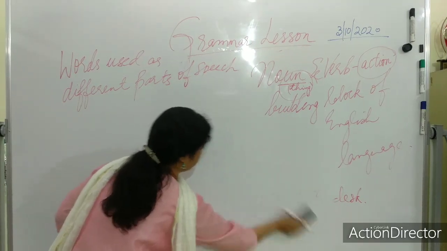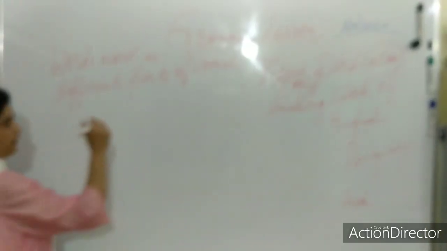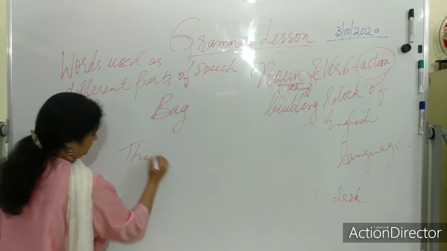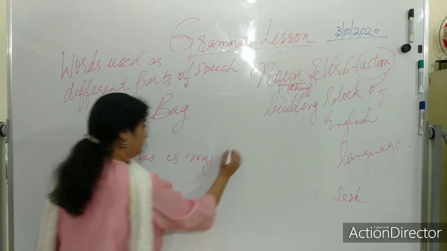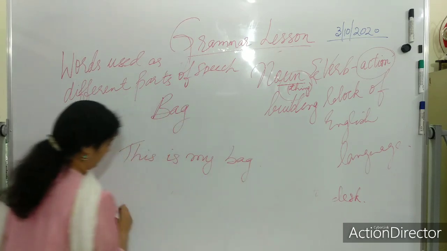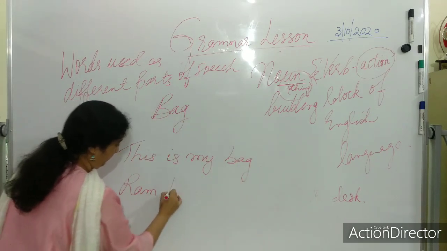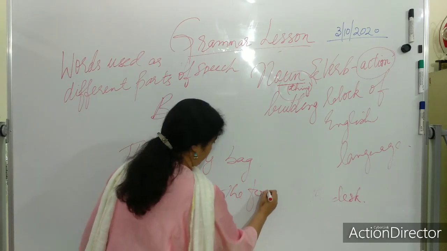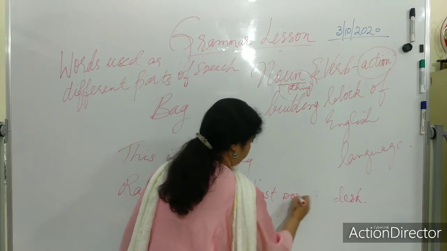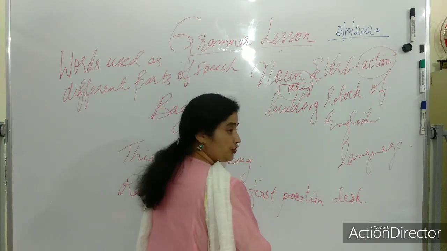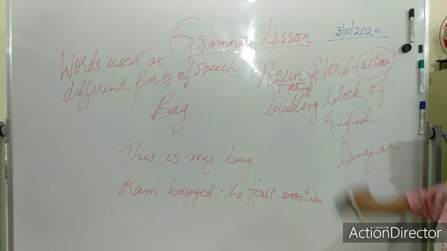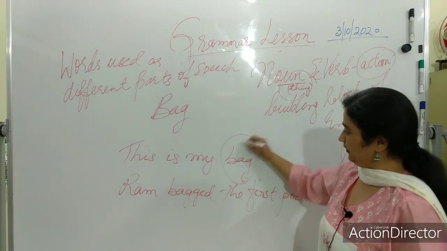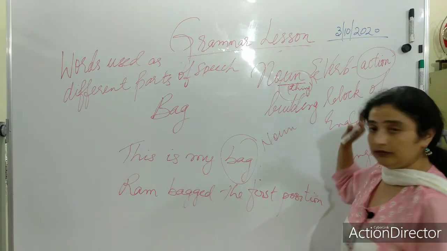एक और एग्जाम्पल लेते हैं, थोड़ा आपको क्लैरिटी हो जाए. Say for example, bag. This is my bag. Ram bagged the first position. अब सोचिए, this is my bag. This is your noun.